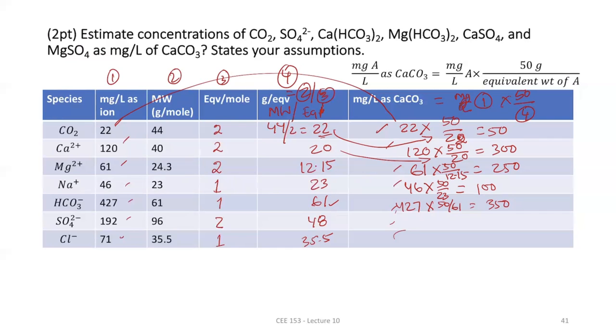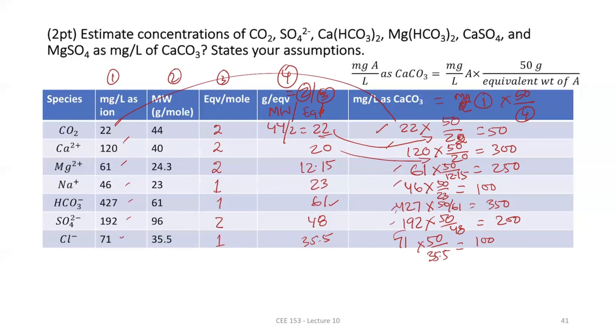The last one, 192 times 50 divided by 48, that will be 200. 71 times 50 divided by 35.5, that will be 100. Okay, so you got those numbers.